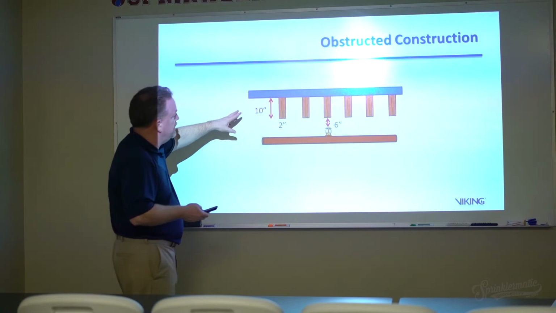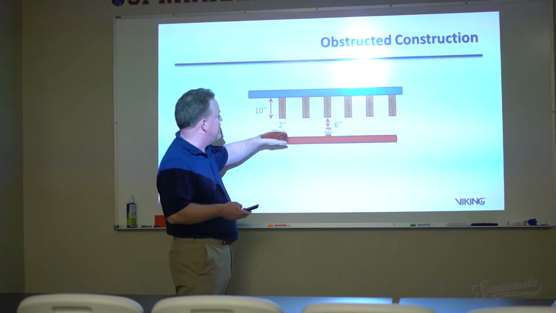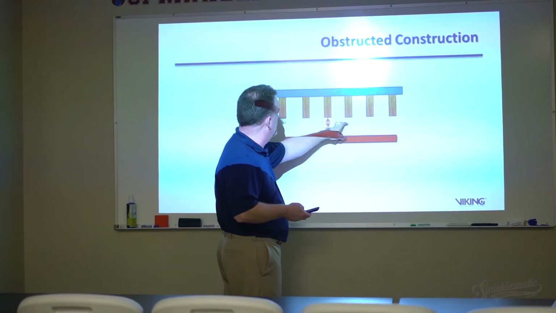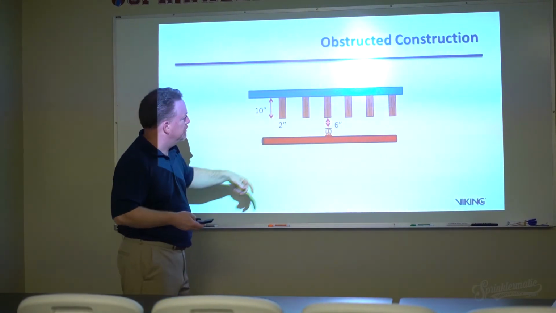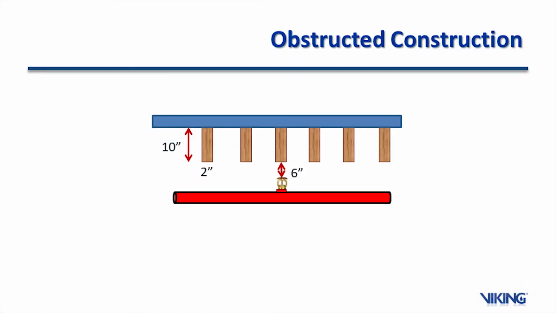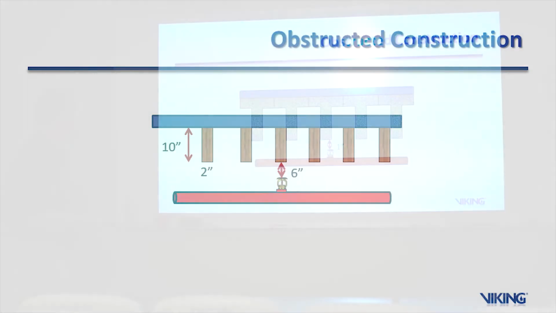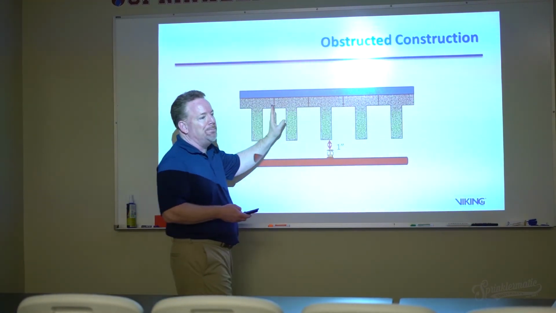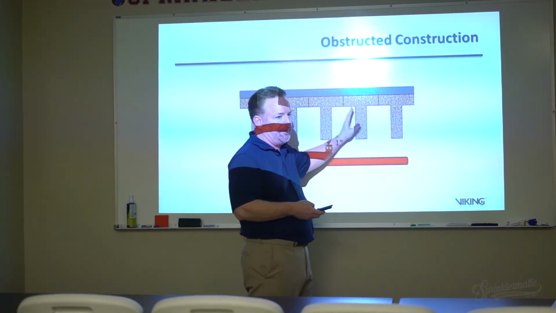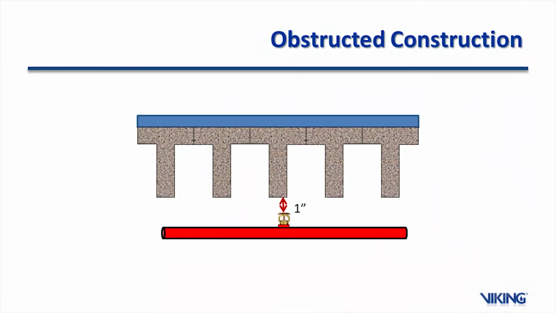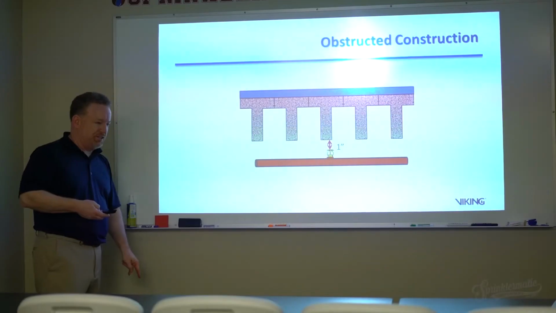Another different type of construction here, 10 inches deep, you can go 6 inches below here, as long as this isn't more than 10 inches deep, just basically joist construction. This concrete T construction, it doesn't matter how deep it is, there ain't nothing burning up there. So you can go 1 inch, it's basically 1 inch below the bottom of the T construction.